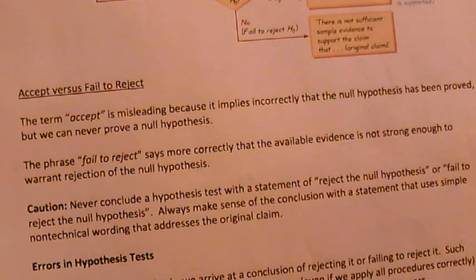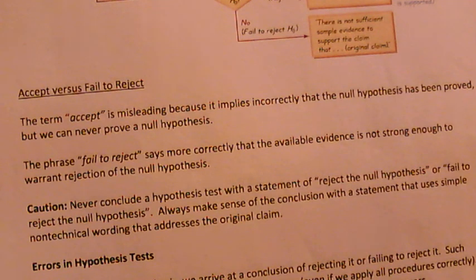Now, when we test a null hypothesis, if we end up failing to reject the null hypothesis, we haven't proved anything. We haven't proved that the null hypothesis is true. We're just saying that we failed to reject the null, which is a more correct way of saying that, because that's stating that the available evidence is not strong enough for us to reject the null hypothesis.